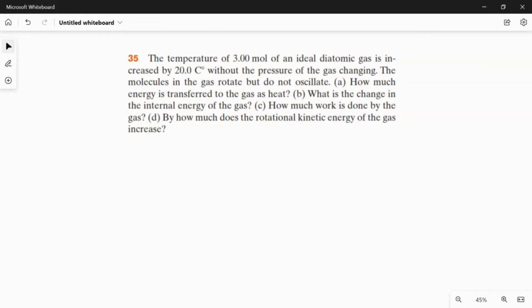So let's rewrite what is given in the question first. They gave the information about the number of moles of a diatomic gas. So here, n takes the value of 3 moles. And the gas is an ideal diatomic gas.